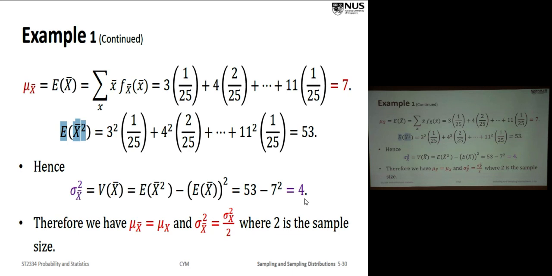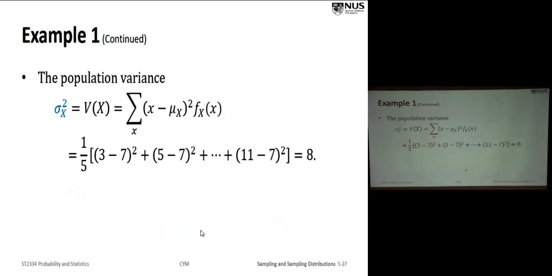Okay. Now, in this example, what we have seen is that we know the sampling distribution, we also know the mean of the sampling distribution for the mean is 7, and we also know the variance for the sampling distribution, which happens to be 4 over 2, which is 8 over 2. The sample mean was 8, variance was so the population variance.